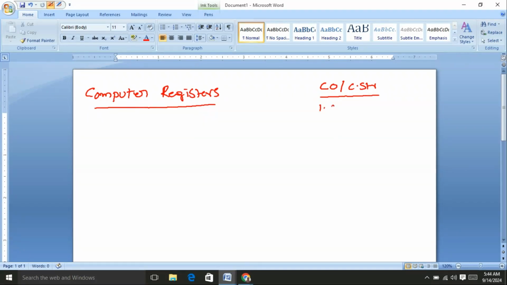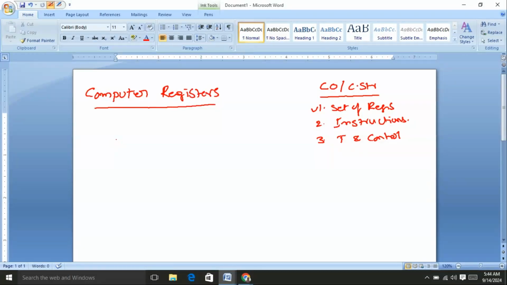One is the set of registers. The second one is the instruction set or set of instructions. The third one is the timing and control signals. So, under that one, we are discussing about the registers.